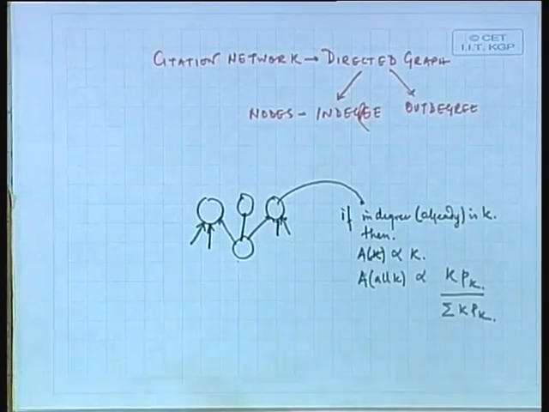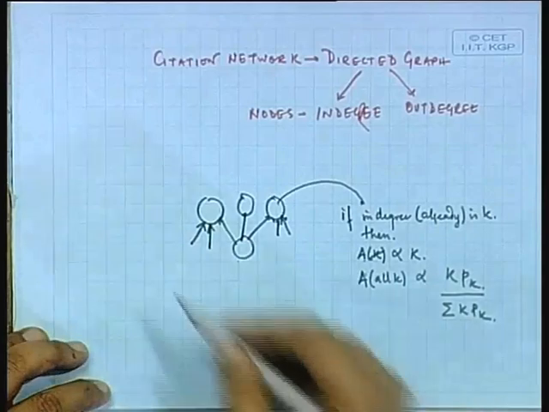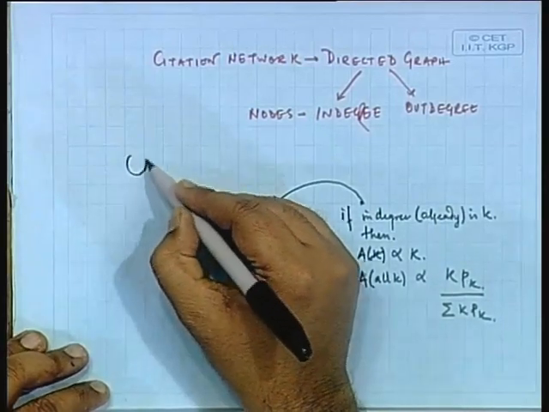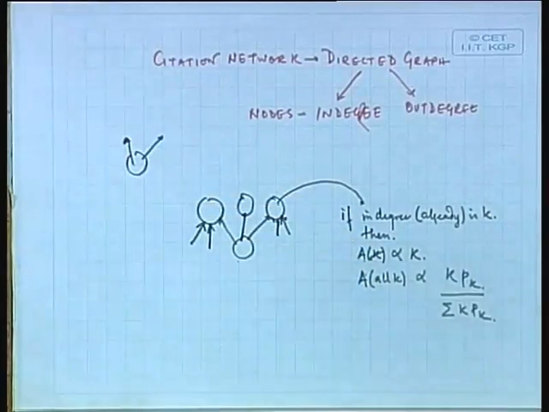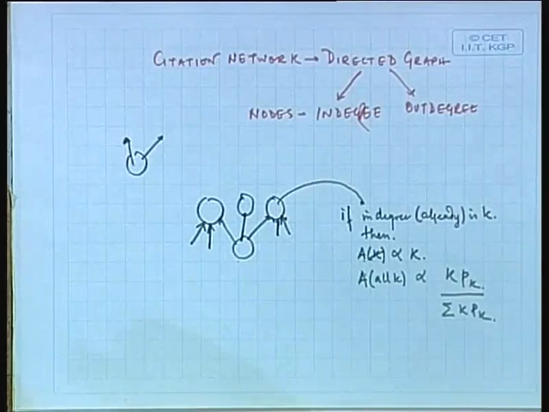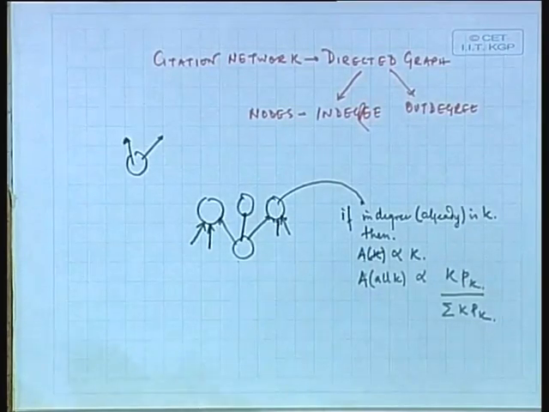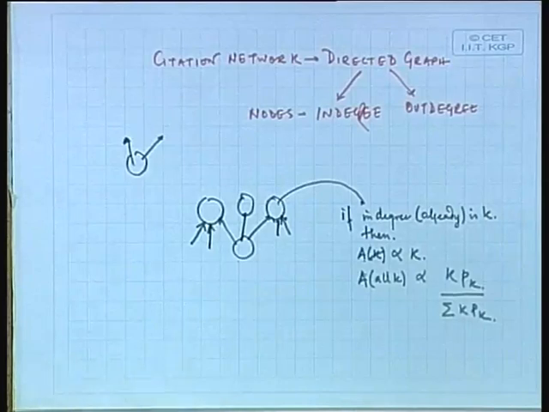Now the question is, if I think of the citation networks, what will happen initially? Nobody has any citation. Initially, nobody has any citation, so in degree is equal to 0.